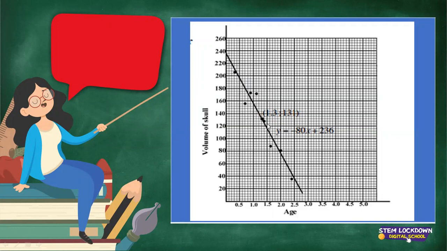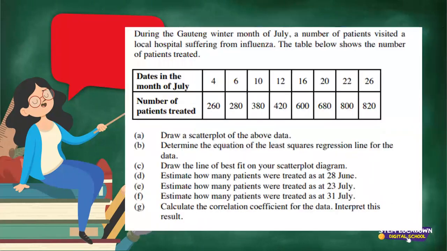It is a negative relationship, and because the points are not far from the line of best fit, there's a strong relationship between the volume of the score and their age. As the age increases, the volume of the score decreases.